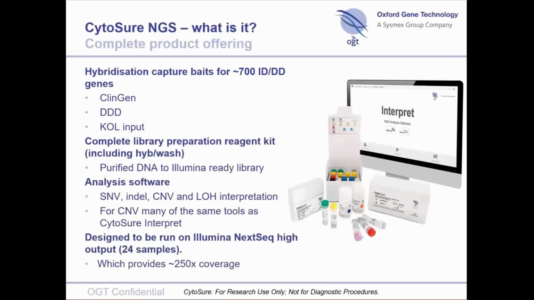So what is in this product? What do you get from CytoSure NGS? You have a panel of hybridization capture baits for over 700 intellectual disability and developmental delay genes.